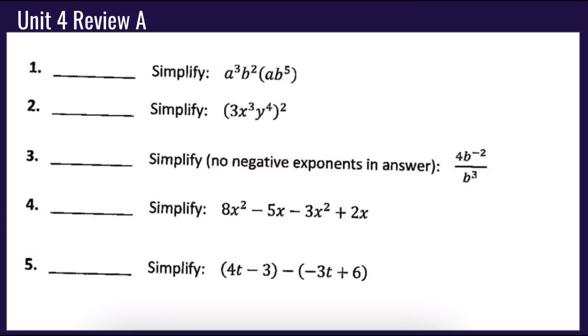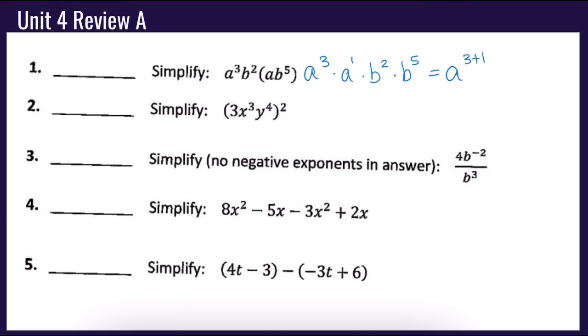So let's put our A's together. A to the third times A. And remember, if it doesn't have an exponent, it always has that invisible 1 there in its place. Times B squared times B to the fifth. And what we know is when we have a base with an exponent, times that same base, we can keep the base and add our exponents.